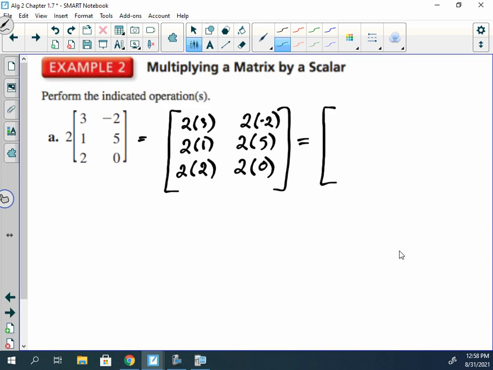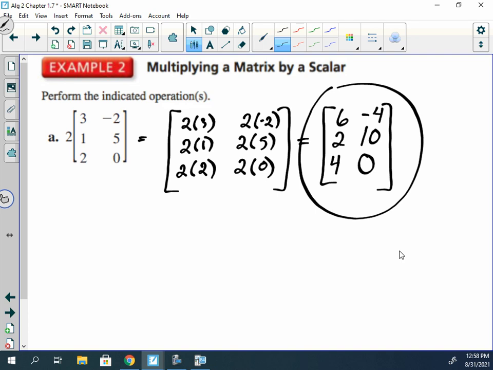Looking at this here, what is 2 times 3? 2 times negative 2 is negative 4. 2 times 1 is? 2 times 5 would be 10. 2 times 2 is 4, and 2 times 0 is. And that's it.